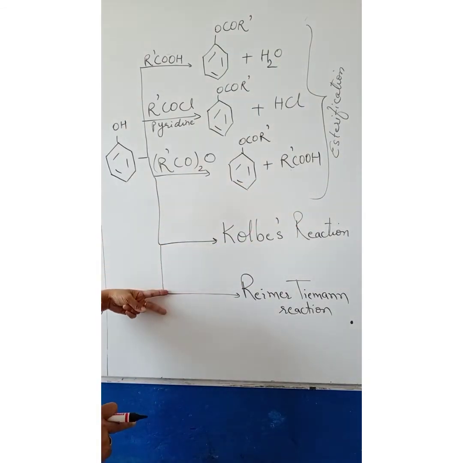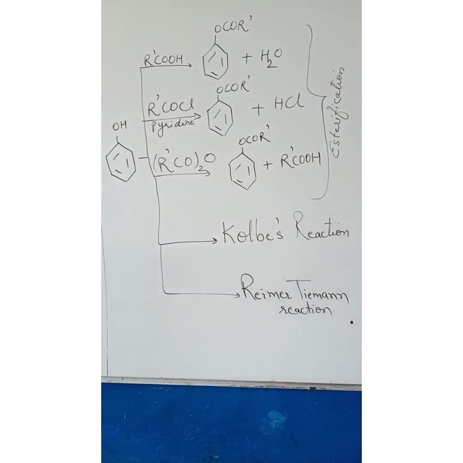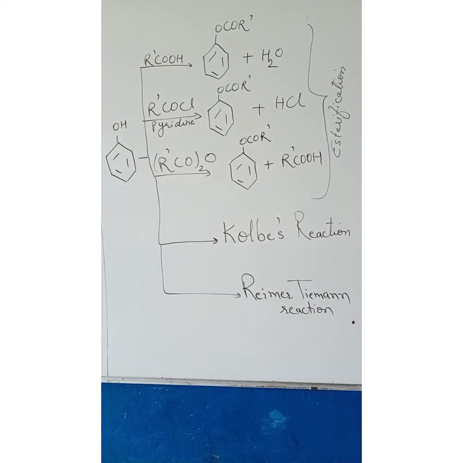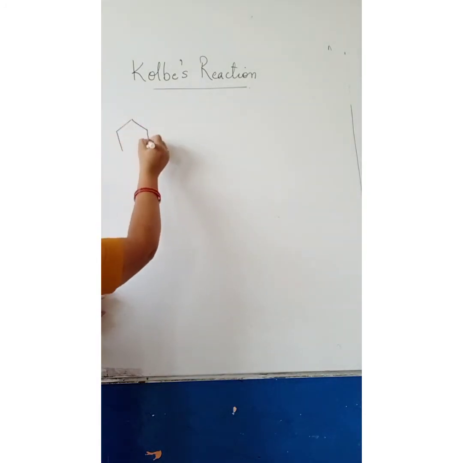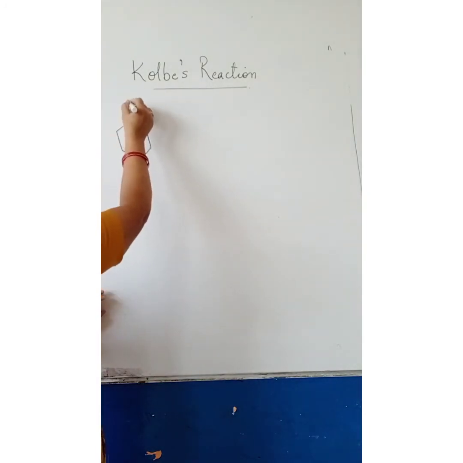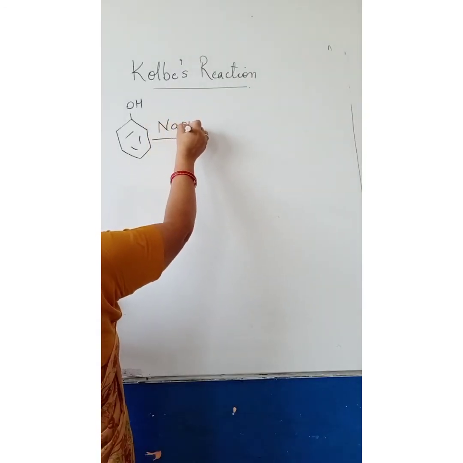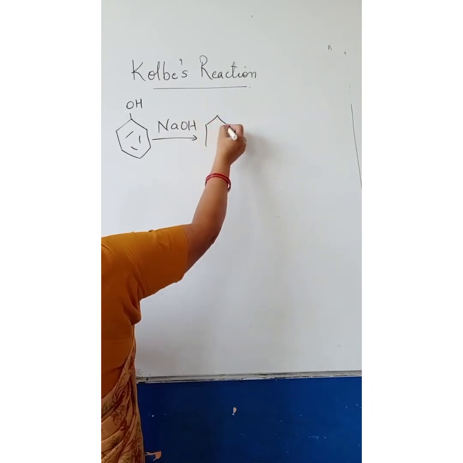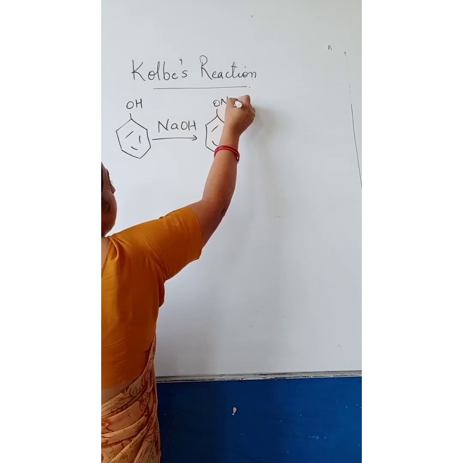Another 2 very important reactions undergone by phenol are Kolbe's reaction and Reimer-Tiemann reaction. Let us see both these reactions in detail. In Kolbe's reaction, phenol first of all reacts with NaOH to form the sodium salt of phenol, that is sodium phenoxide, ONa.